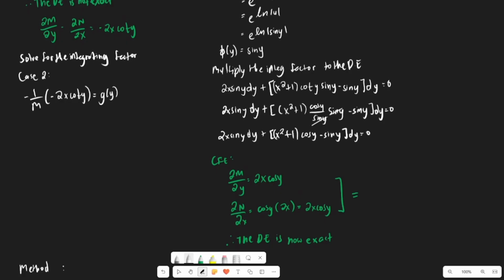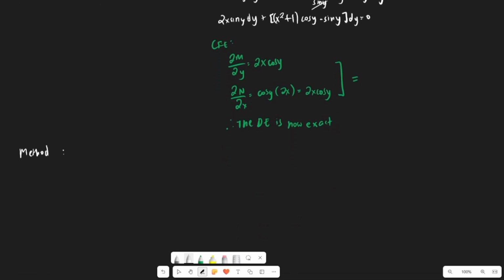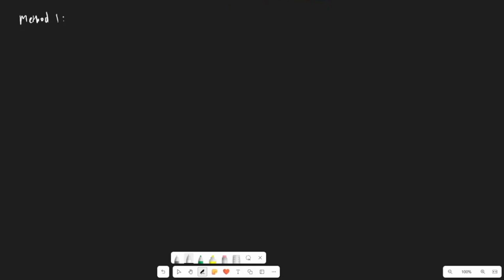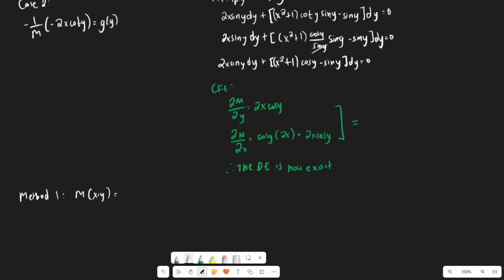So in our case, the easier to integrate and differentiate would be this one. So for this one, the method that is more suitable for that, or the method that uses that, is method 1. So our m is equal to 2x sine y.